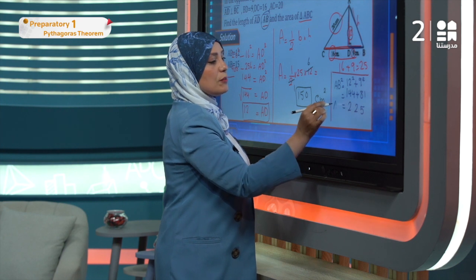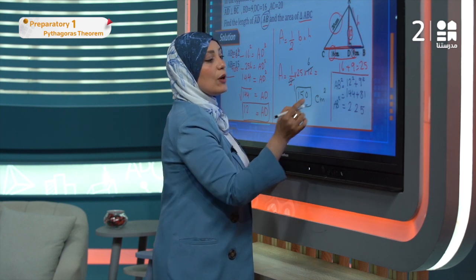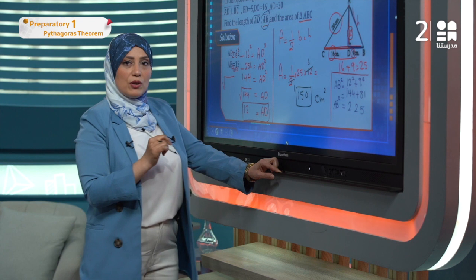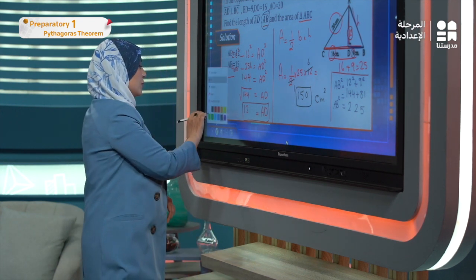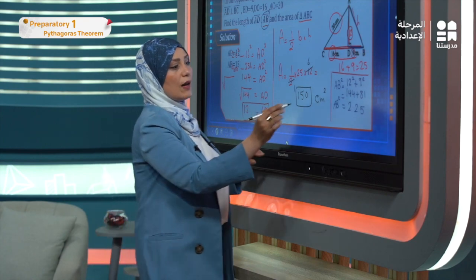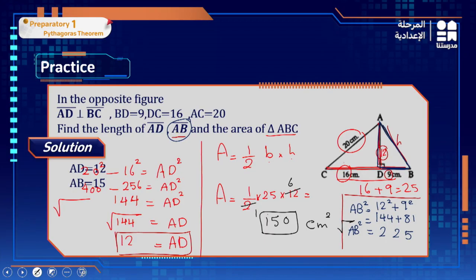That is AB squared. Now, how can we find AB only? To find AB, we have to take the square root for both sides. So we are going to take the square root for each one of them. So AB equals the square root of 225, which is 15.